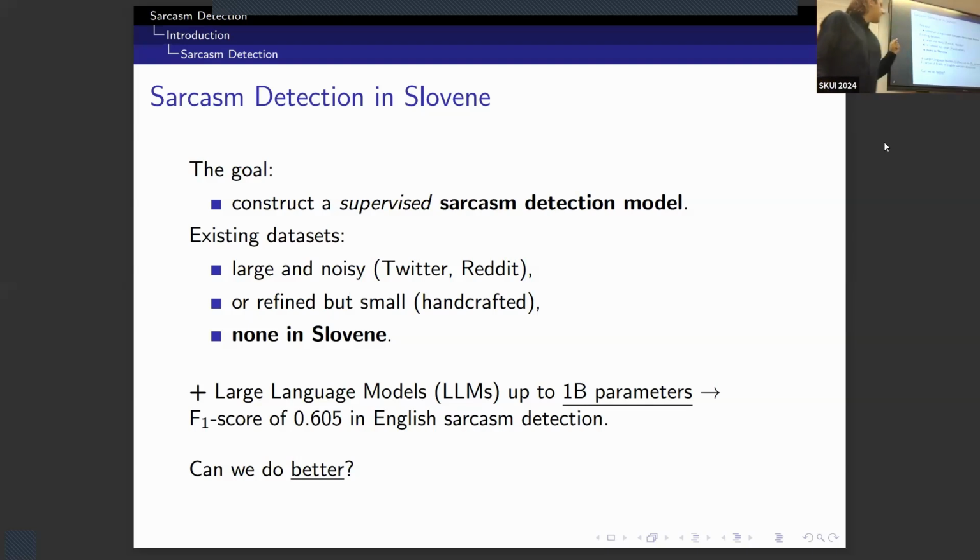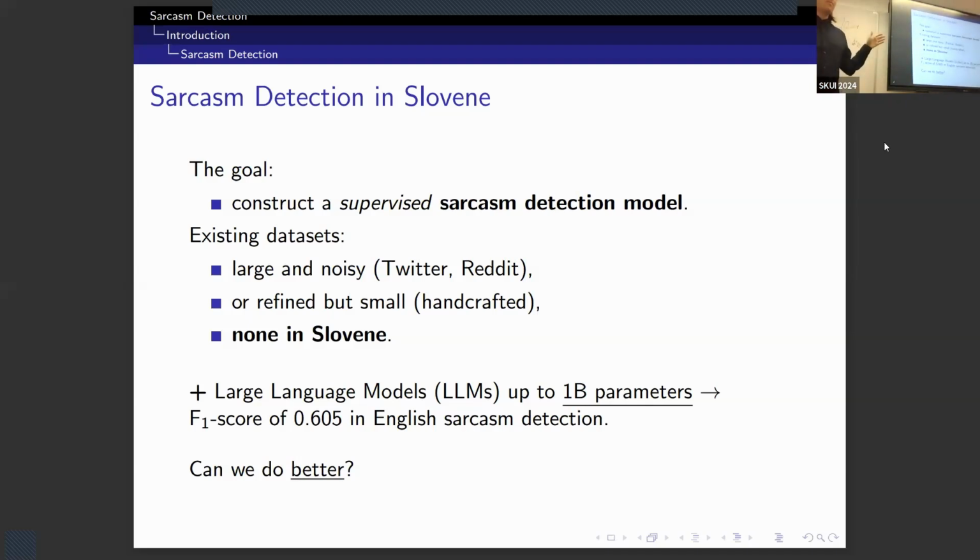On some of these data sets, large language models perform better or worse based on the type of data set it is. These noisy data sets can get very high accuracies, but they're obviously not representative of true sarcasm.